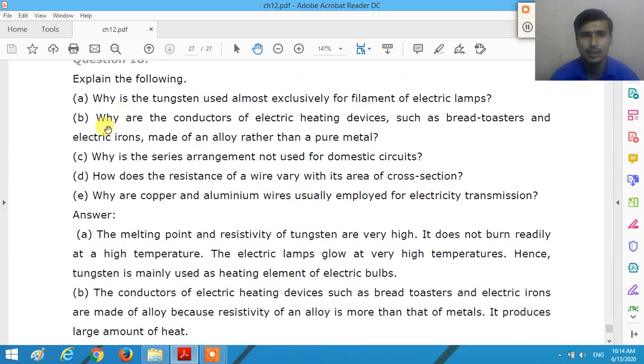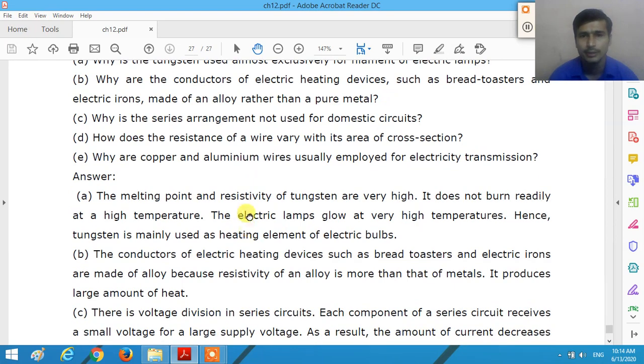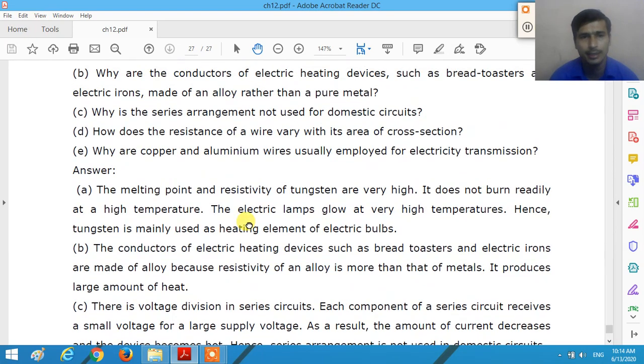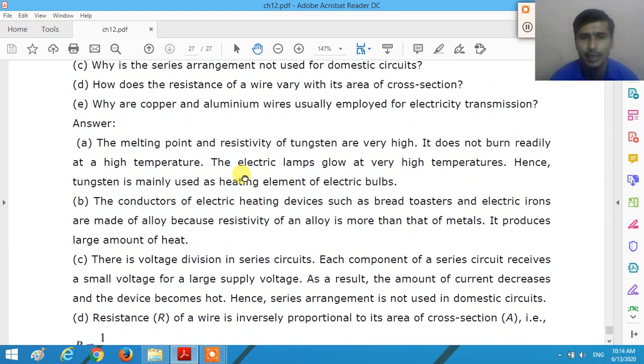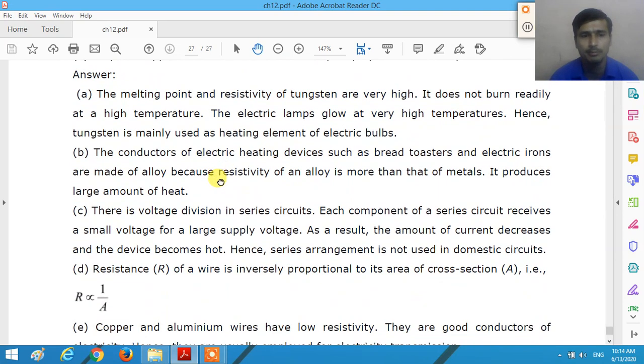Now question number B. Why are the conductors of electric heating devices such as bread toaster and electric iron made up of alloys rather than pure metals?